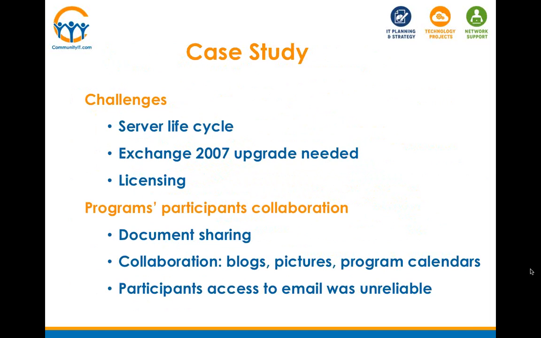This created additional issues, such as participants using other means for collaboration, like Dropbox, which was against the organization's policy. Participants' access to email, especially from other continents, was very slow or unreliable.